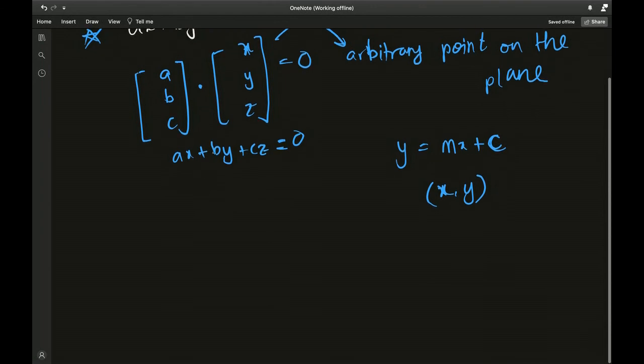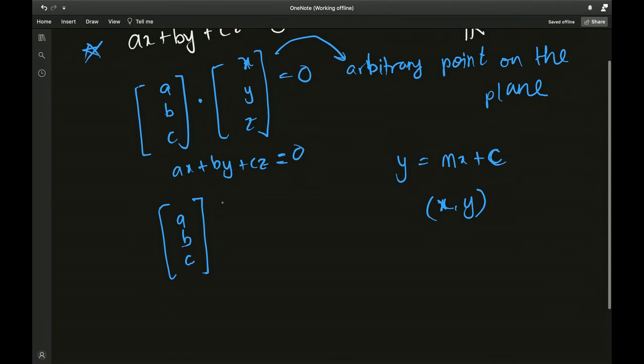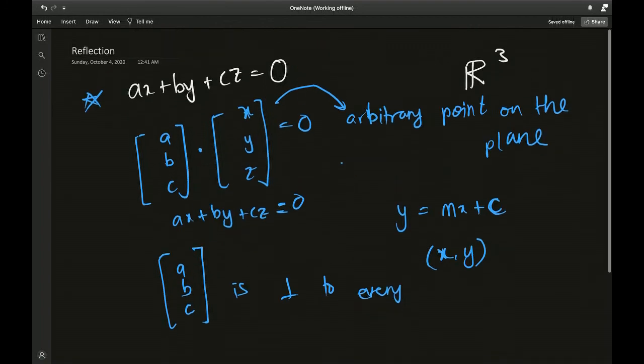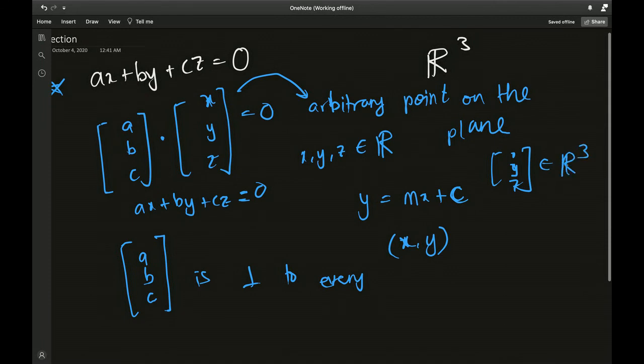So what this means is that this vector ABC, and I'm writing it as a column matrix, it's actually a vector, you can call it A bar or whatever, is perpendicular to every point on the plane, because xyz is an arbitrary point. And since we are working in R3, xyz, the vector, is an element of R3.